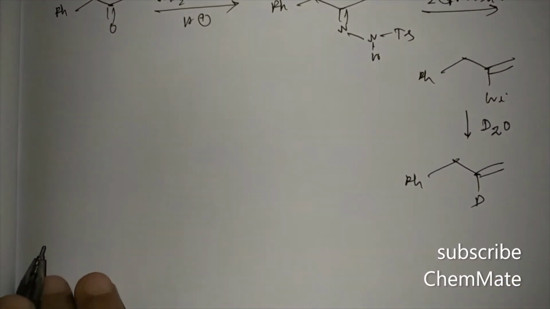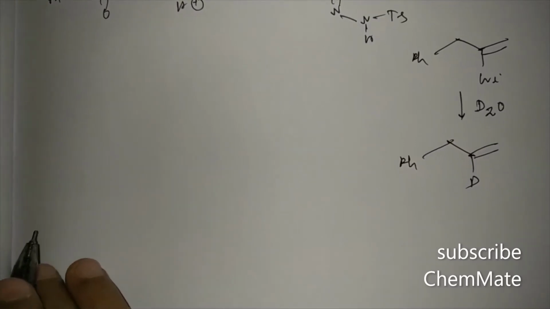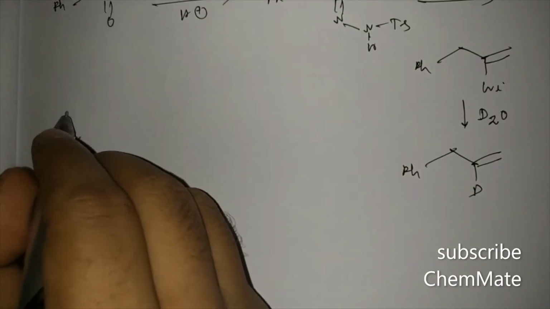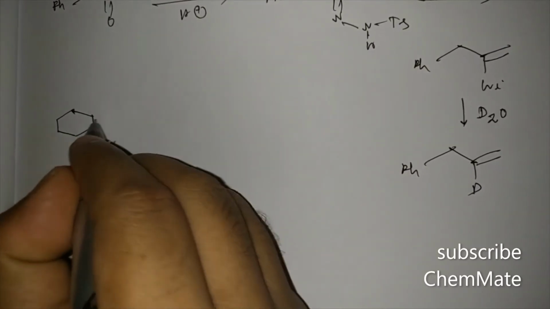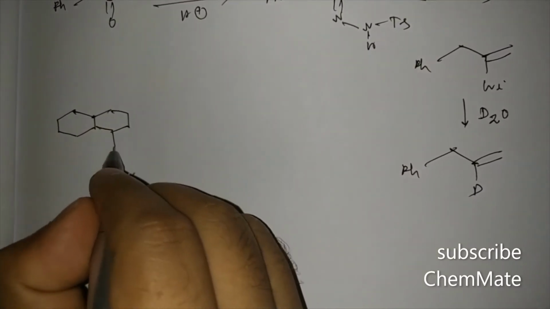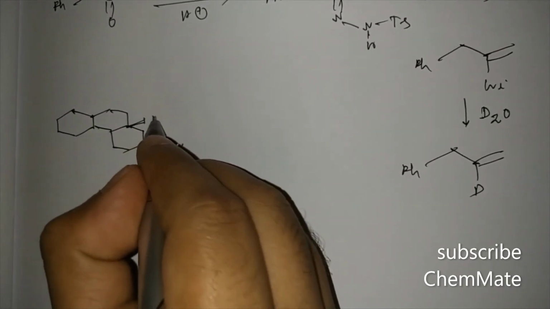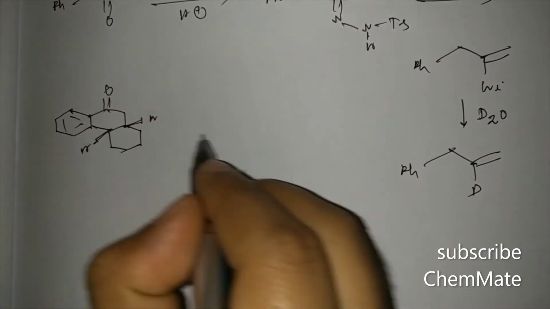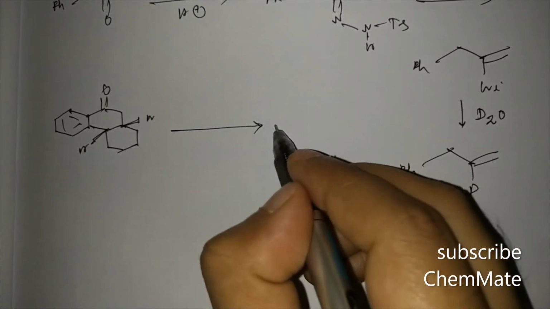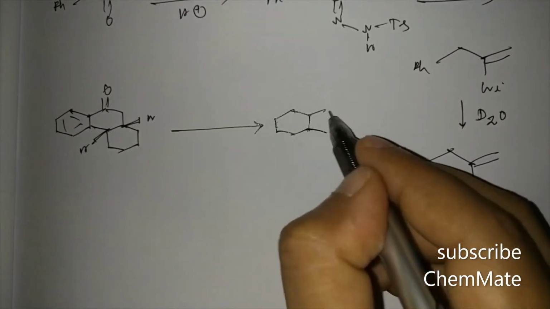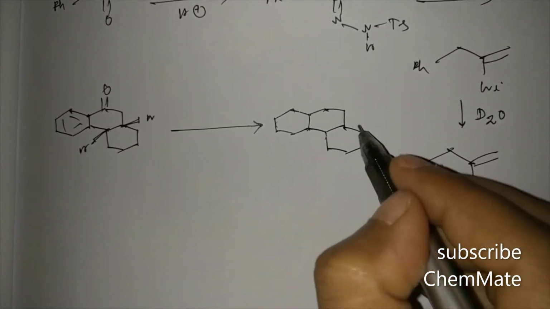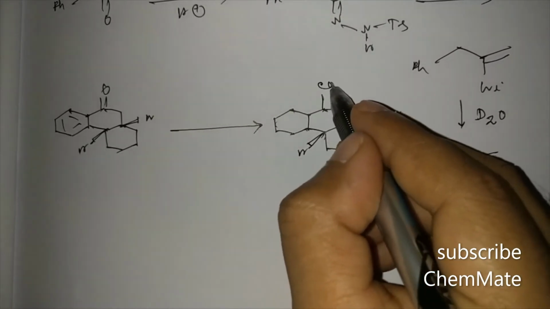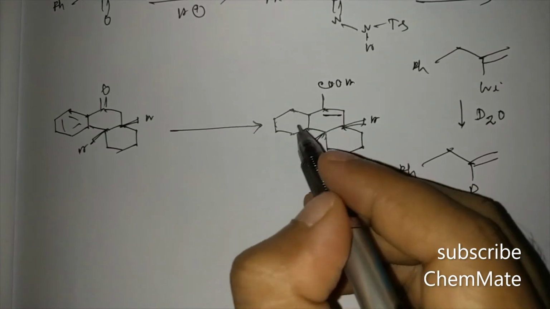And now we'll discuss examples from different competitive exams. One question came, we have to convert this molecule into this molecule, with COOH and a double bond.